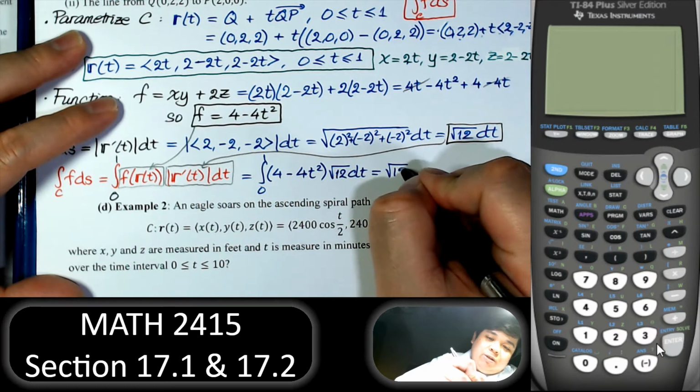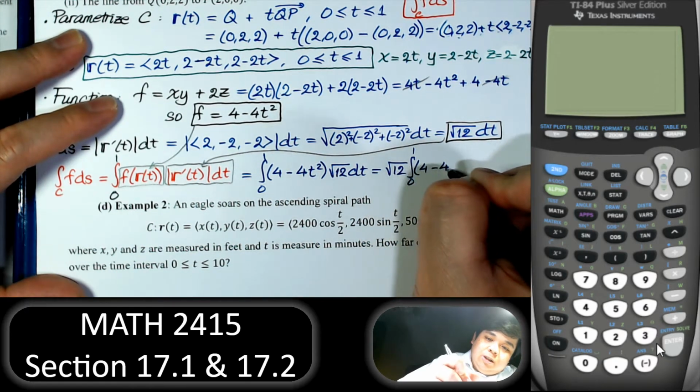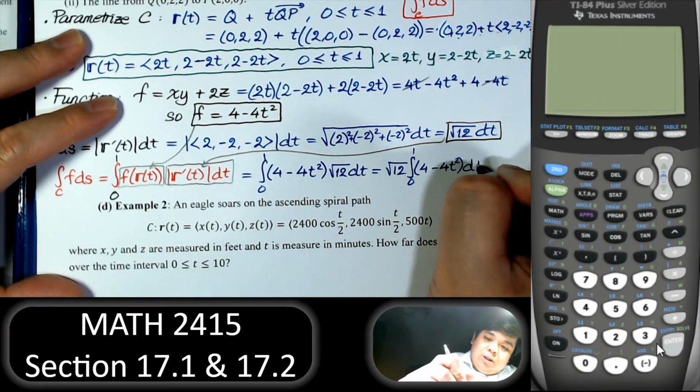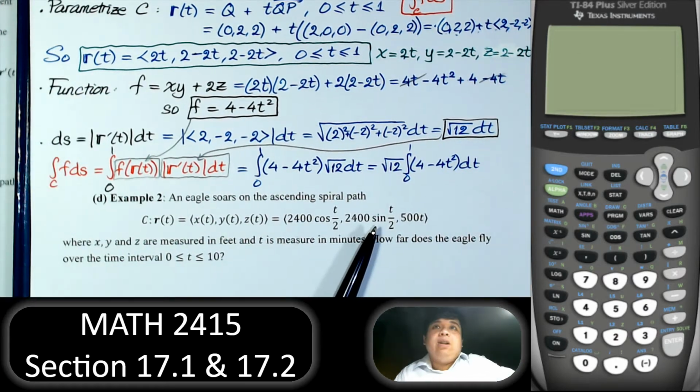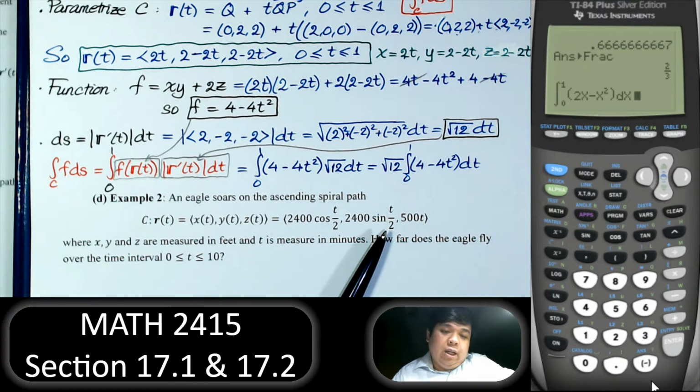Factor out the 12. Yeah, I can just integrate the inside part. So I have 4 minus 4x squared, going from 0 to 1.